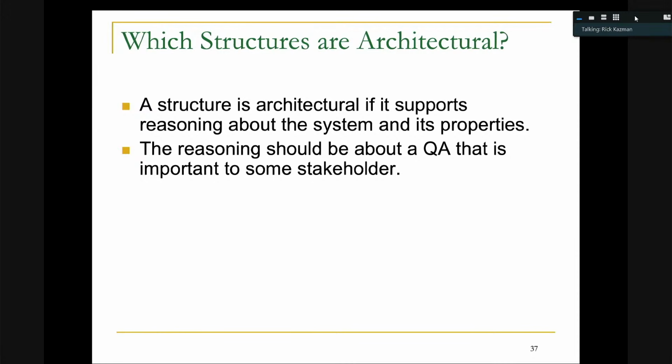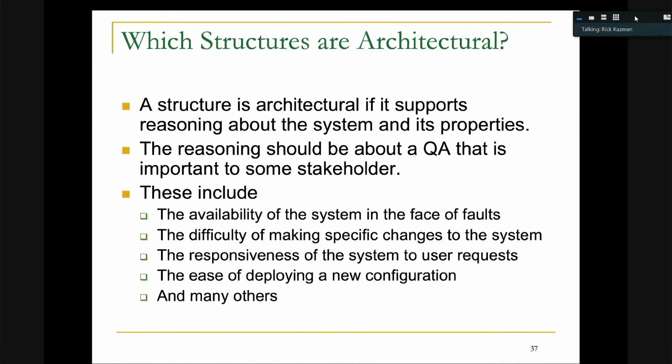An operator or facilities person is interested in security and availability, keeping the system up and running and healthy and free of intruders. So there are many different ways in which a stakeholder might be concerned with a different property of the system.